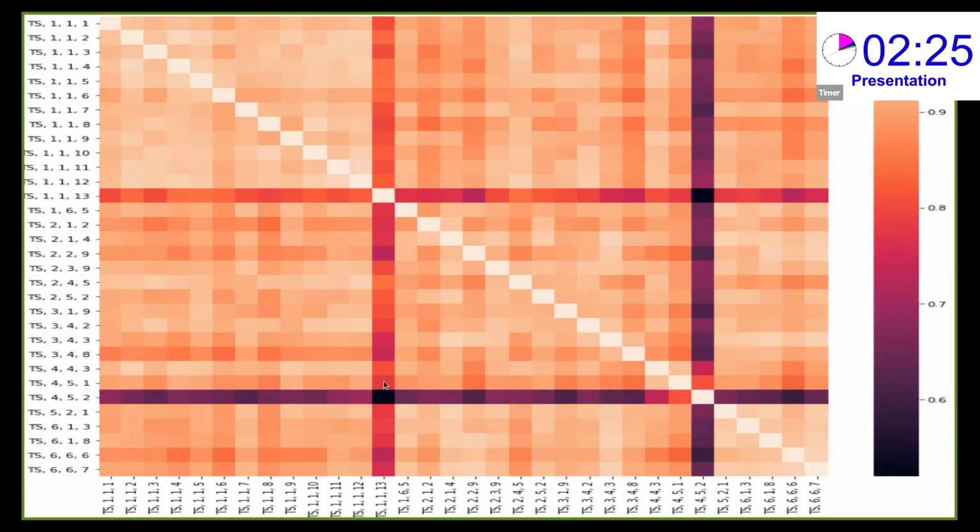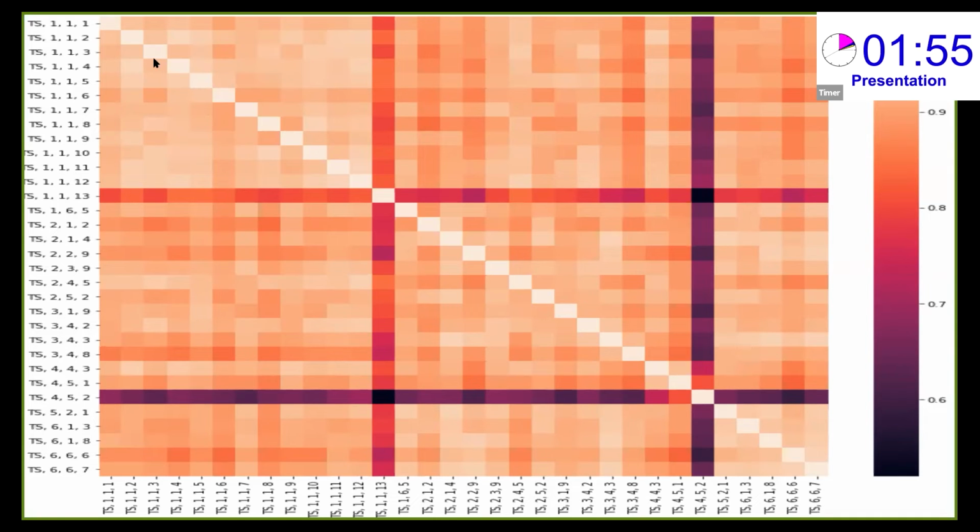The black color indicates that the two chapters 452 and 1113 are not similar, and they have low cosine similarity. Their cosine similarity is less than 0.6.